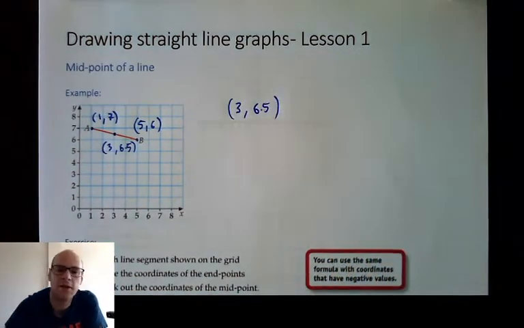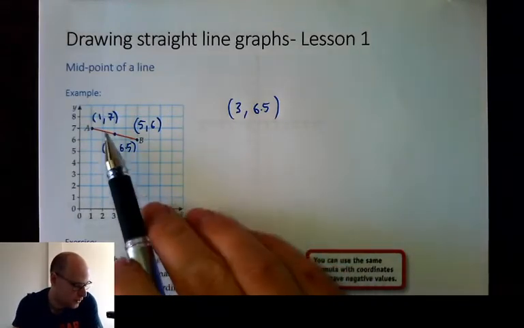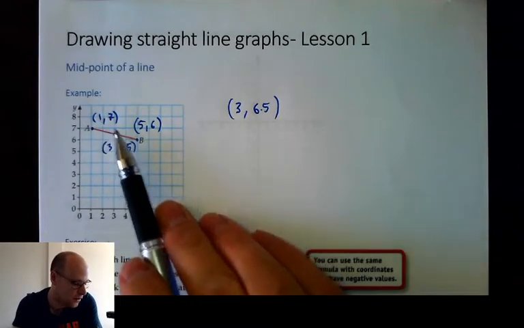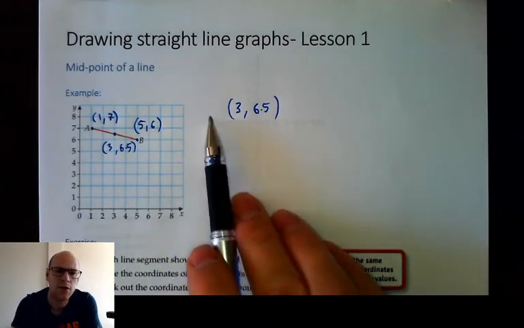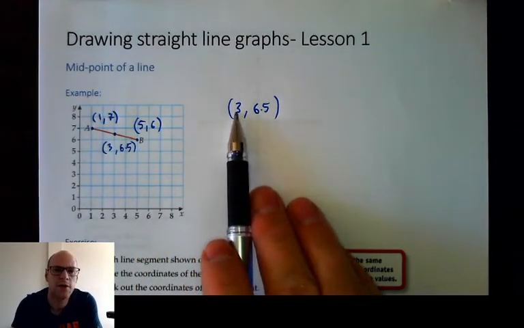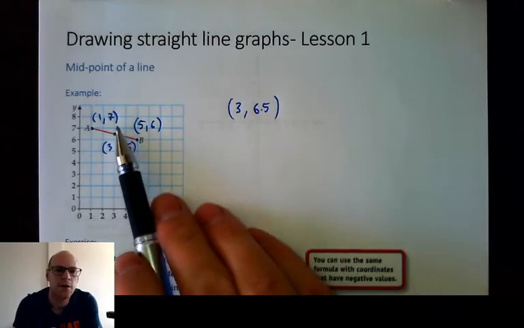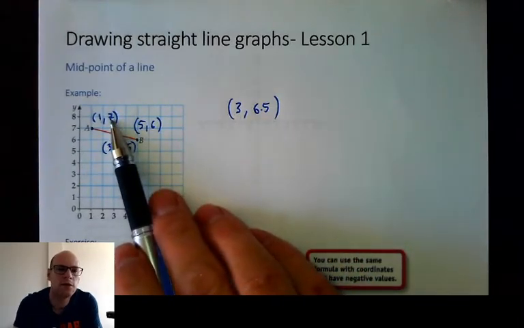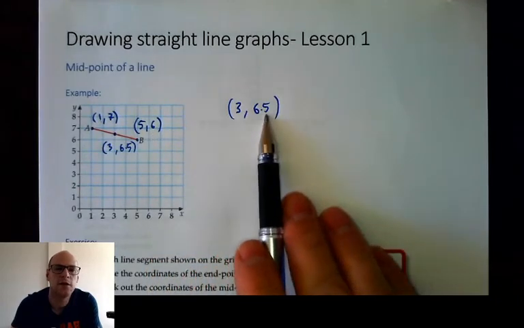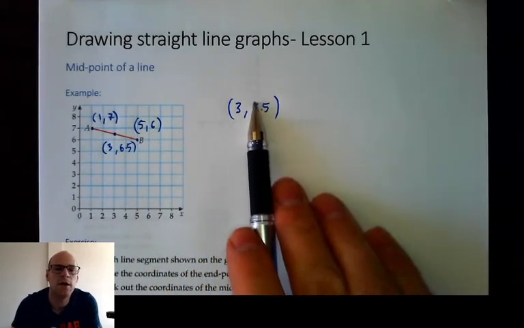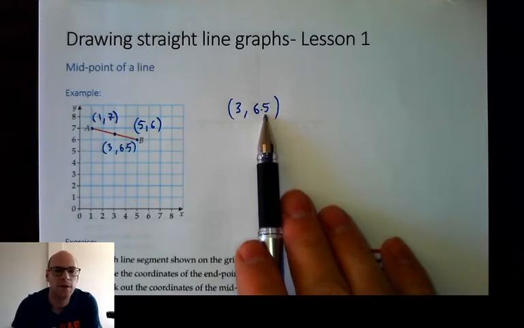But there is a cleverer way of doing it. So method one is to look at the graph, draw it out, and put your spot on there. But if you want to do this without drawing the graph, then you can. Look at the two x coordinates, which are 1 and 5, and see if you can work out where the 3 might have come from. And look at the two y coordinates, 7 and 6, and see if you can spot where the y coordinate of this midpoint might have come from.